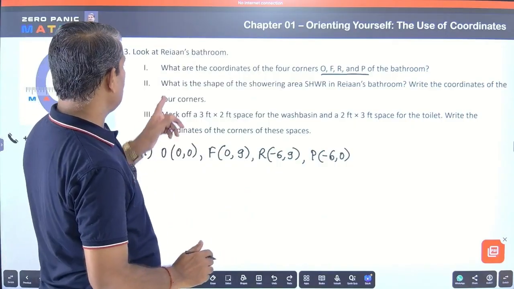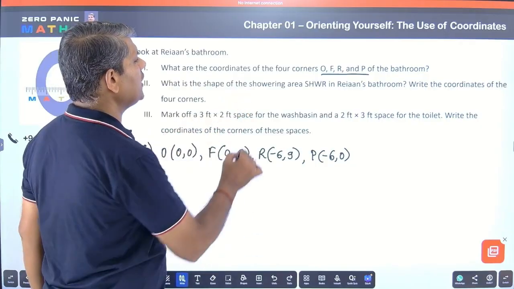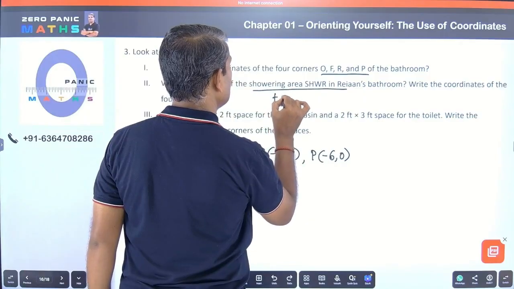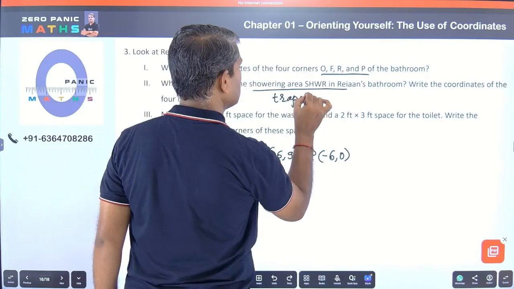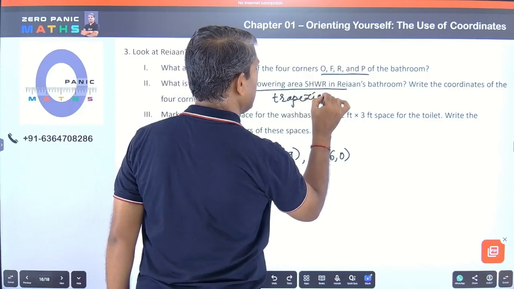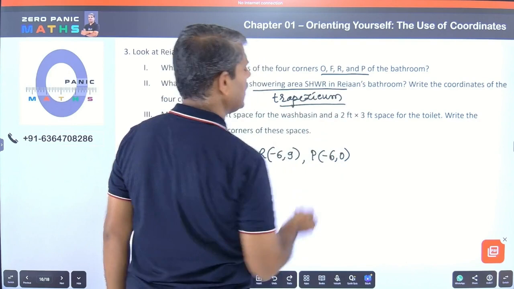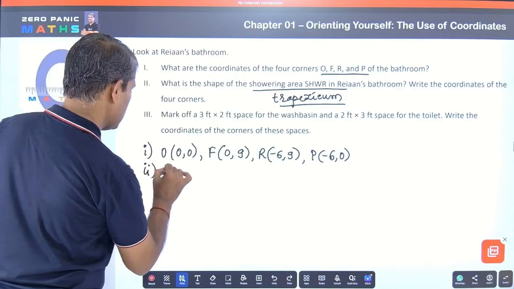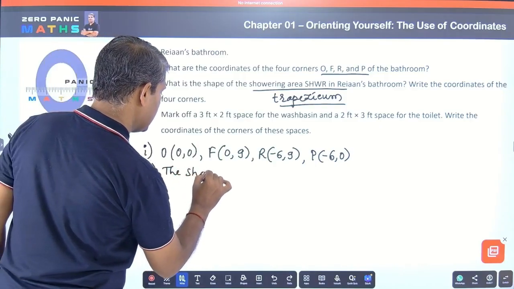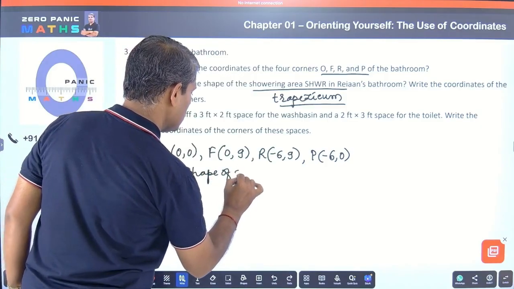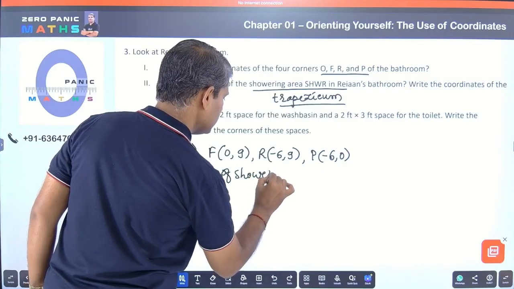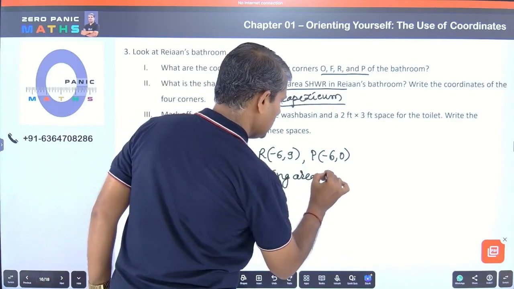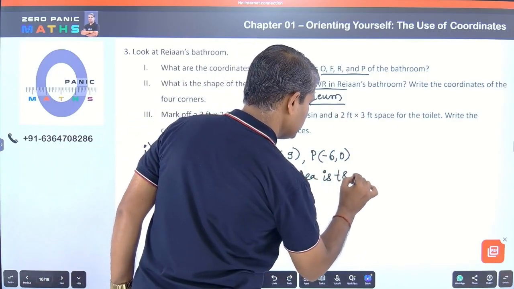Now, second question. What is the shape of the showering area SHWR? The shape is trapezium. You can write that yourself. So the answer to the second question: the shape of the showering area is trapezium.